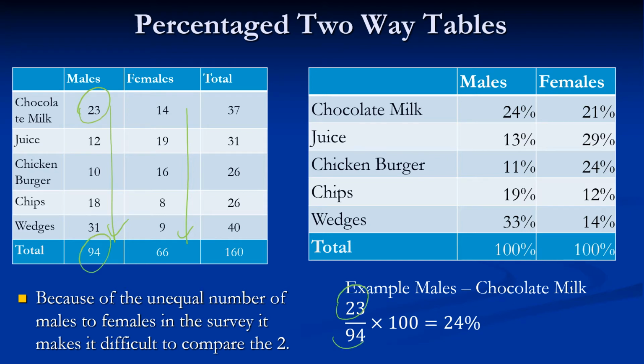So there's our 23, there's our total 94, then times it by 100 to get our 24%. So likewise, if I want to go somewhere random, girls that prefer chicken burgers, so it's 16 over 66, and then it's just times 100 to get our 24%.